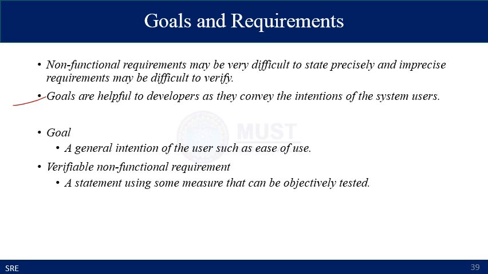So you can say that the system has ease of use if 95 percent of the users can use the system with no help or only minimal help from the documentation.